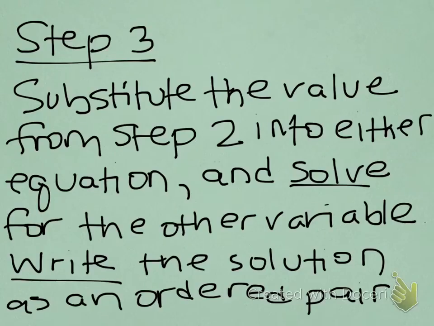Then step 3 is to substitute the value that you got from step 2 into either equation for that variable and solve for the other variable. Then you're going to get an x value and a y value, and you're going to write that as an ordered pair.